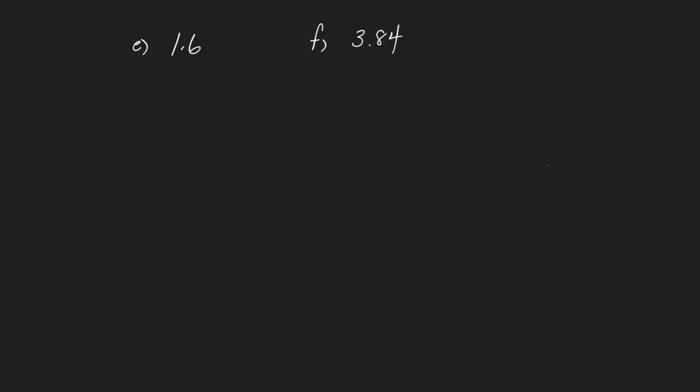What I also want you to do is take question E only, and change question E back into a fraction as well. I want you to do both parts. And then I want you to come back and we'll check and see whether we hit that snag or not. Okay, so I want you to do both E and F, change them into percent, but just question E, convert that into a fraction. Okay, pause it now, give it a shot.